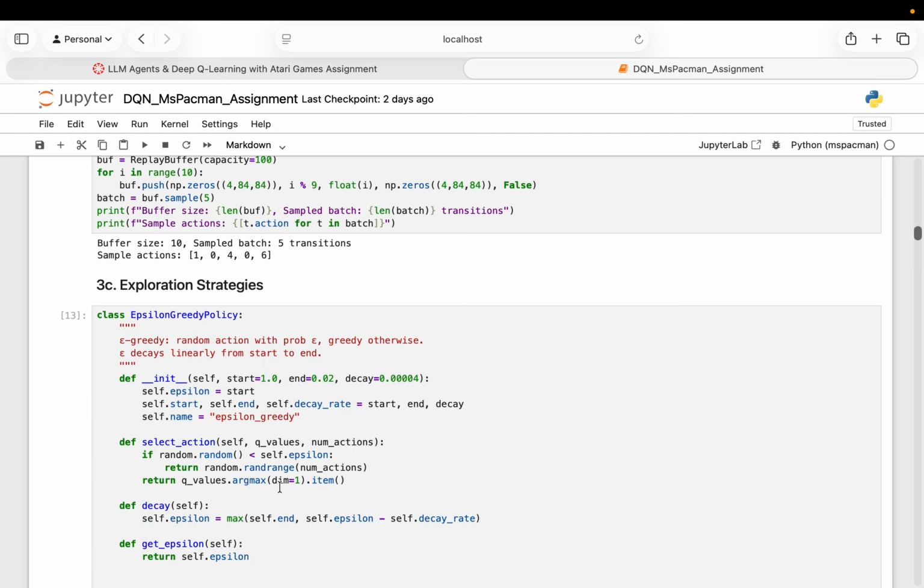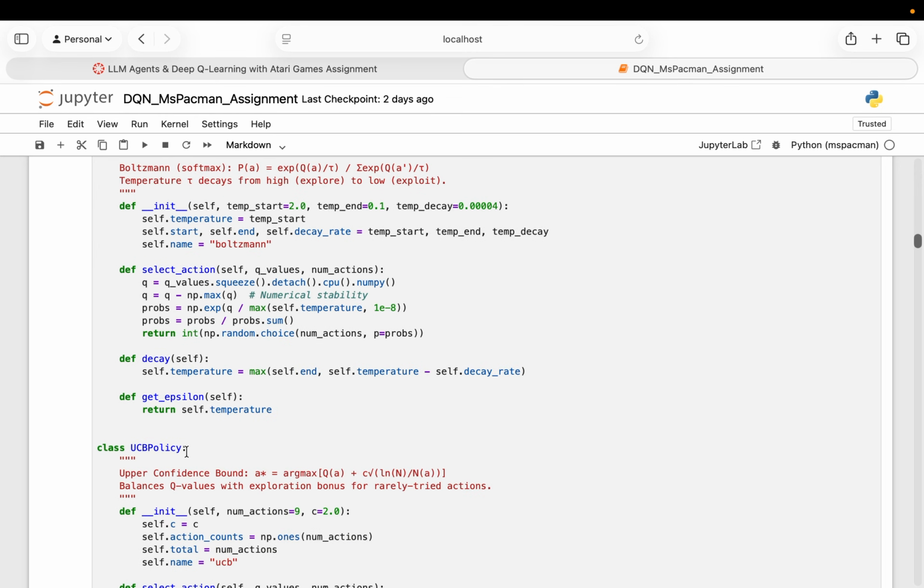So this is the epsilon greedy policy. These are the exploration strategies. I implemented 3 exploration strategies. One is the epsilon greedy, the Boltzmann policy, and the UCB policy, which means the upper confidence bound.